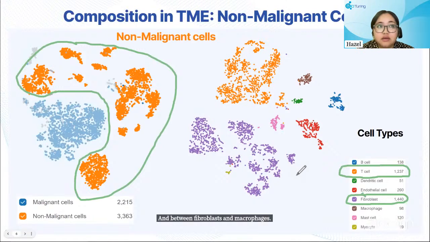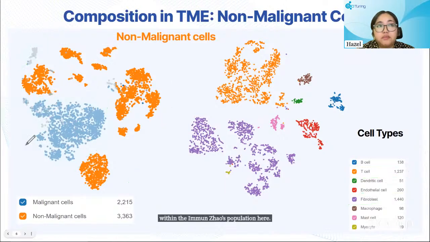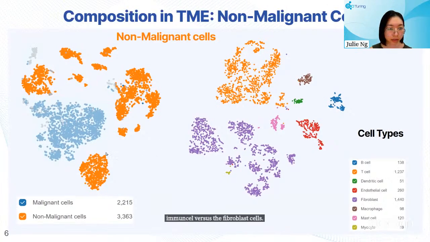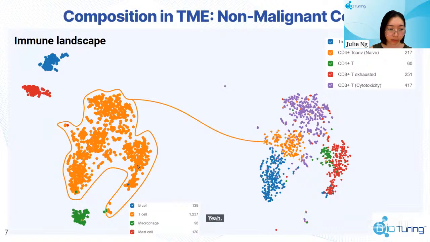Yes, I can see a very diverse cell type composition within the immune cell population here. So can we take a deeper look into specific cell types and their proportions in the immune cells versus the fibroblast cells? Yeah, so in this next slide, we're going to subcluster our T cells in orange.